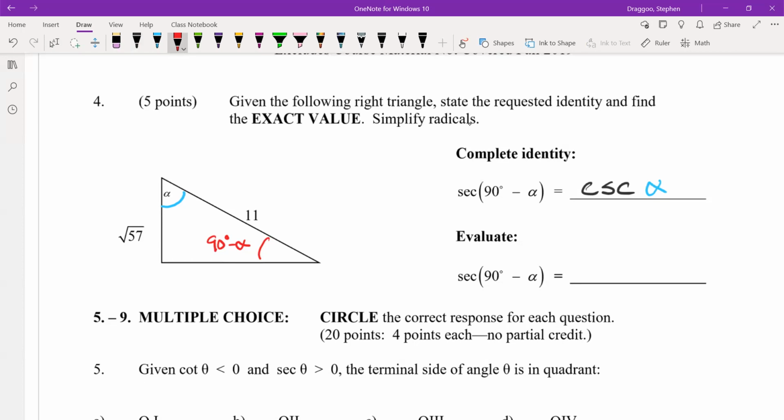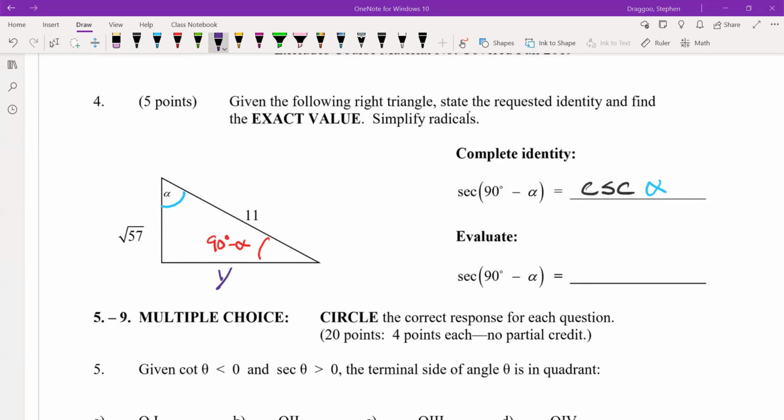So when we're looking to solve the secant of 90 degrees minus alpha, that would be the hypotenuse over the side adjacent to the red angle, 90 minus alpha, or it's equal to the cosecant of alpha, the cosecant of the blue angle, which is equal to the hypotenuse, still 11, over the side opposite the blue angle, both of which happen to be that lower side, which I'm going to call y. You've got to call it something and use the Pythagorean theorem to solve for it. And yes, you will be given a list of identities on the exam. They'll be on the very last page of the exam.